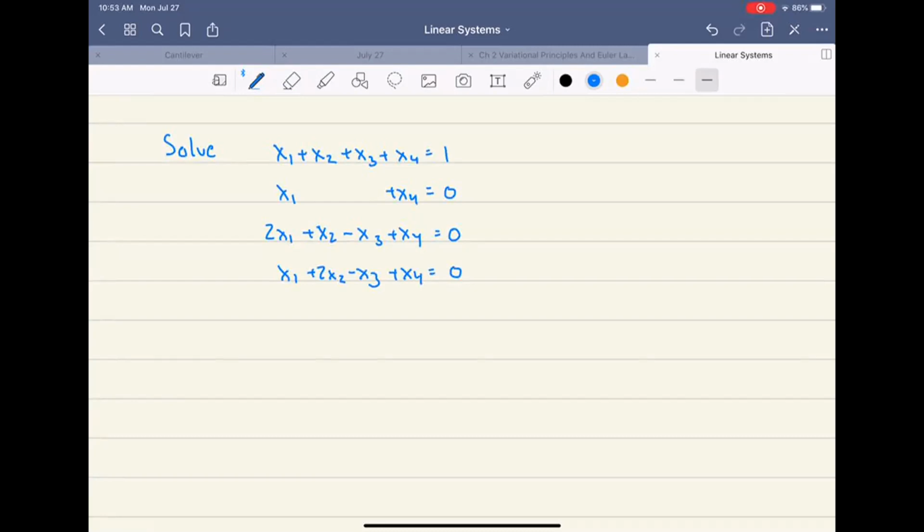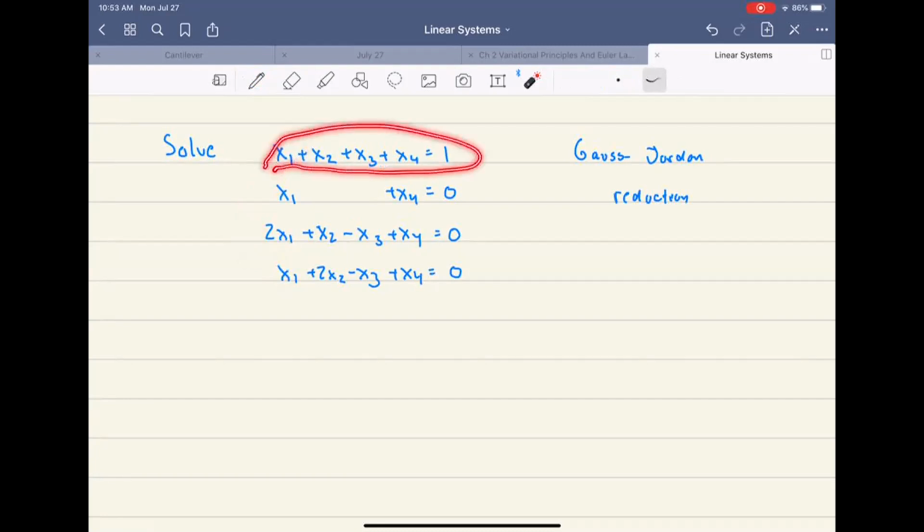So now, if we were teaching in a linear algebra class, you would start by learning what's called Gauss-Jordan elimination, and if you want to look that up, you're welcome to. With Gauss-Jordan reduction, you take this x1 row and add some version of it to all the others in order to eliminate all the x1s.